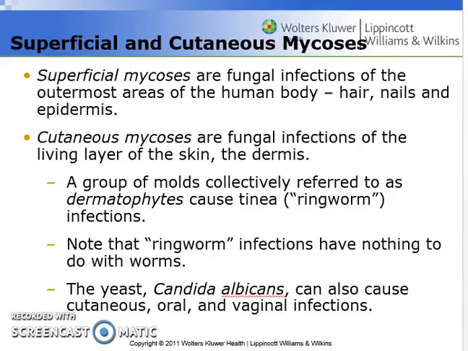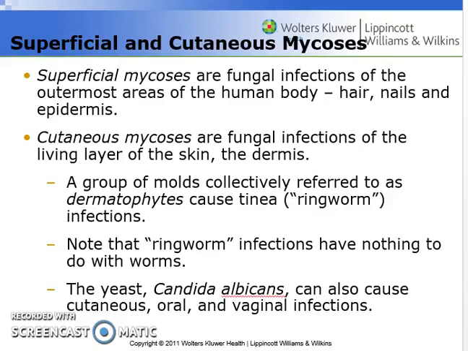For cutaneous mycoses, what you'll see are fungal infections that exist on the living layer of the skin, known as the dermis. So this is going to be just below the epidermis, and that's why it's referred to as cutaneous mycosis.